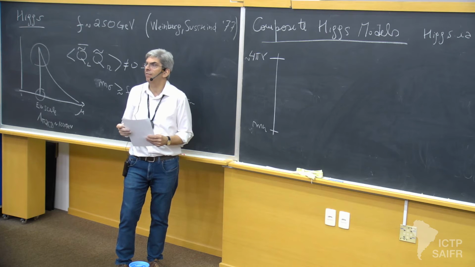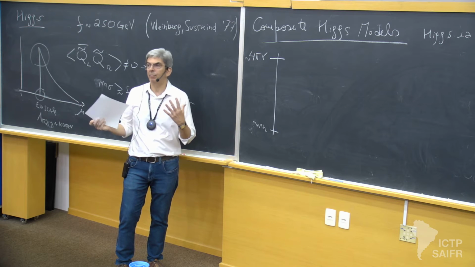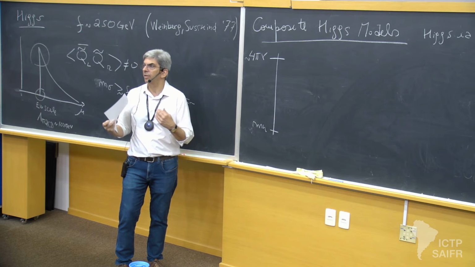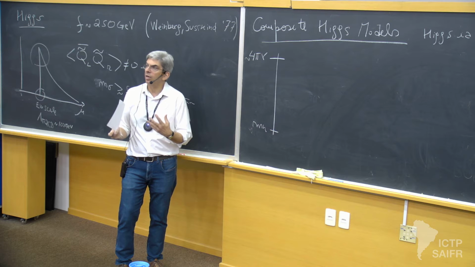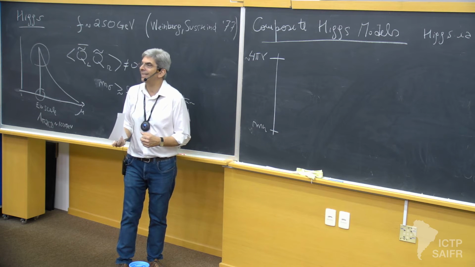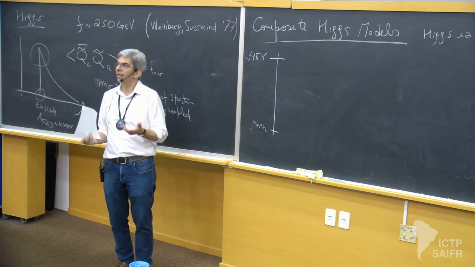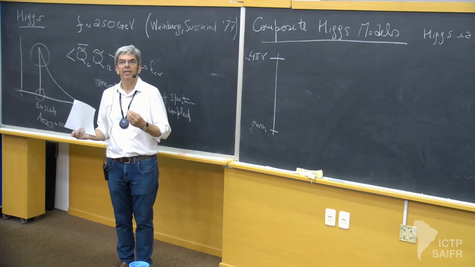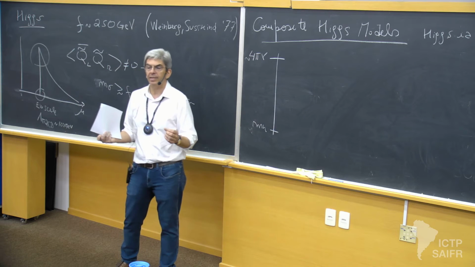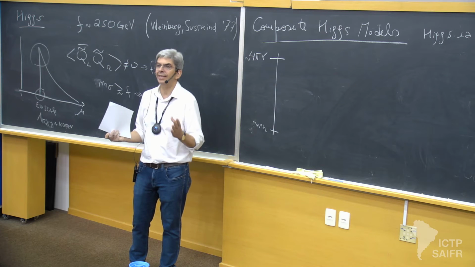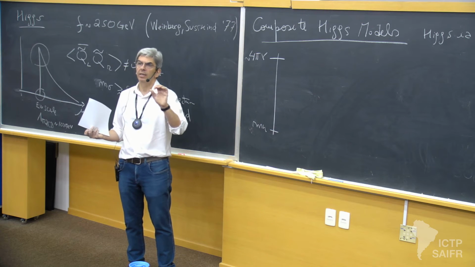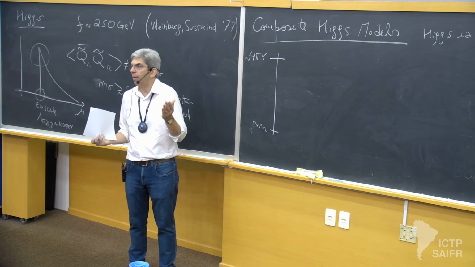I'm going to describe the standard model, particularly the Higgs sector, as if the Higgs was a Nambu-Goldstone boson of a spontaneously broken global symmetry. It has to be global, okay? But since it's not really massless, we know it has 125 GeV of mass, then we need to break explicitly the global symmetry, in the same way the quark masses break explicitly the chiral symmetry and give the pions a mass.